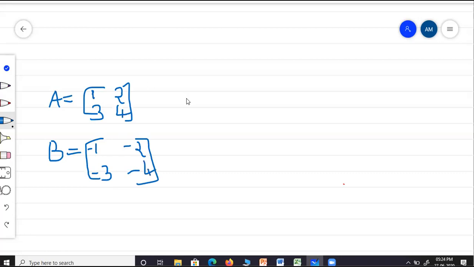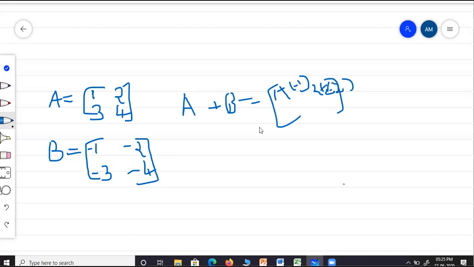Now, if you add A plus B, then we'll get the answer. The first element is 1 in matrix A, and in matrix B the first element is minus 1. So you can see that plus and minus give 0. Then the second element is 2 plus minus 2.